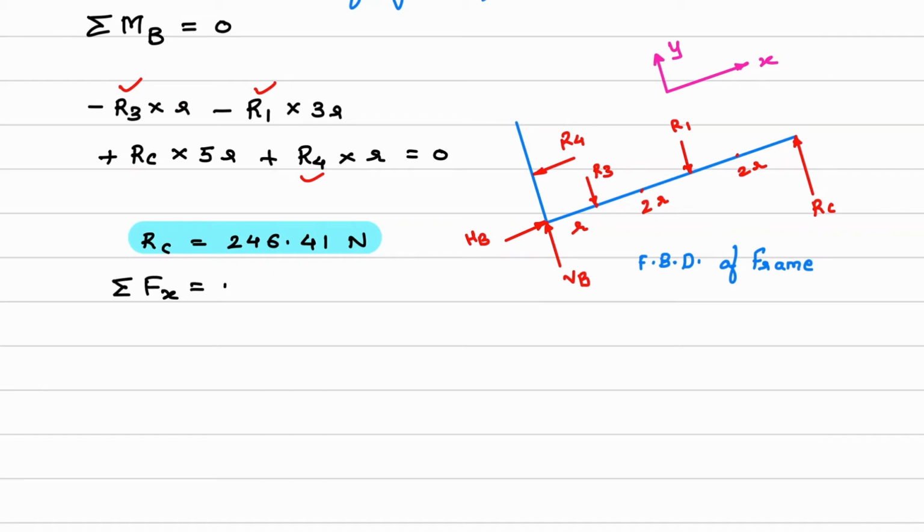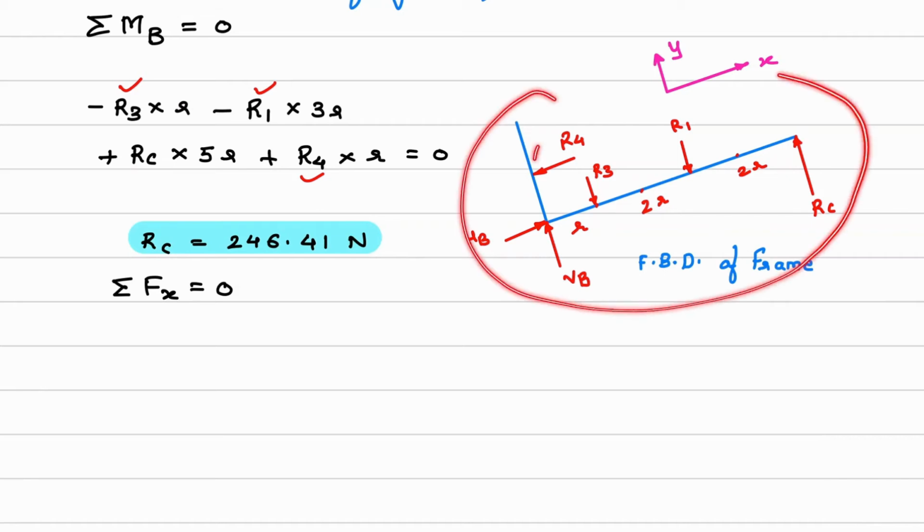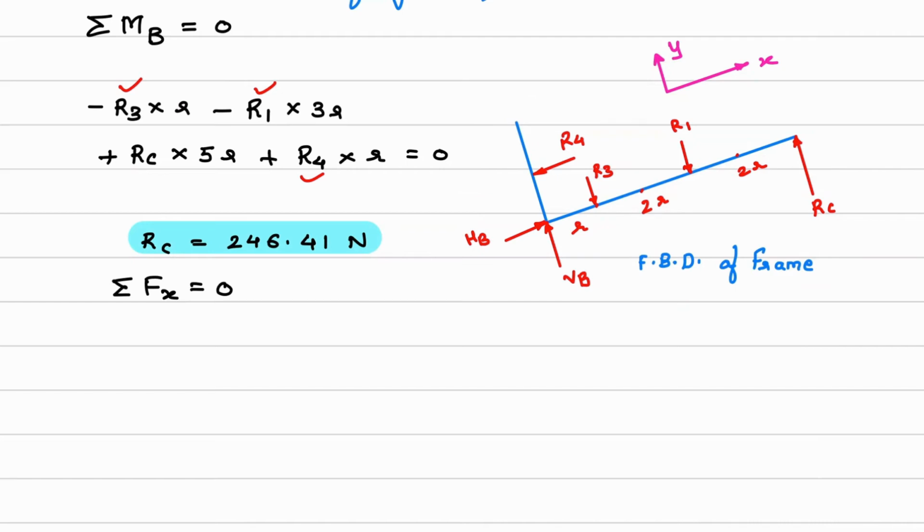This is next condition of equilibrium. Why I am using this? Because if you see this frame ABC, this has a general force system. So that is why we are using summation of moment about point B equal to 0, summation Fx equal to 0 and summation Fy equal to 0. So I'll write down summation Fx equal to 0. So HB, it is acting towards right, so it will be plus HB.